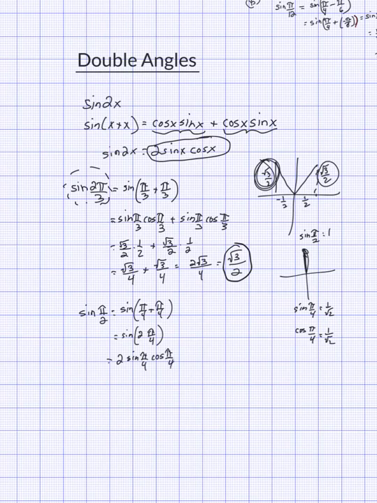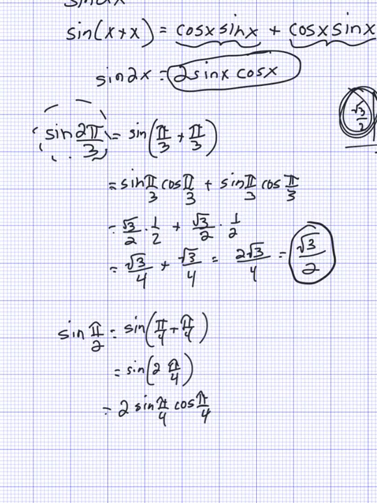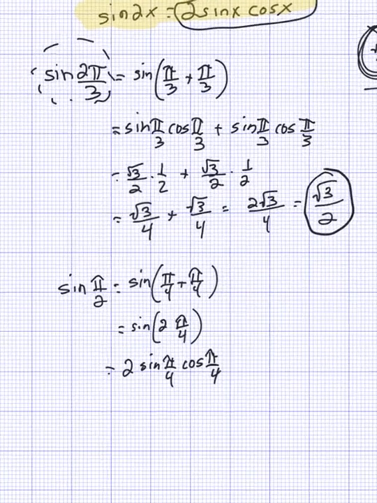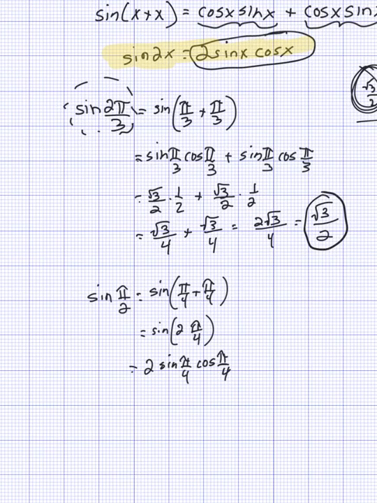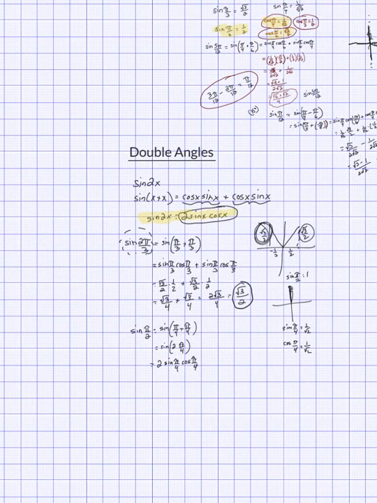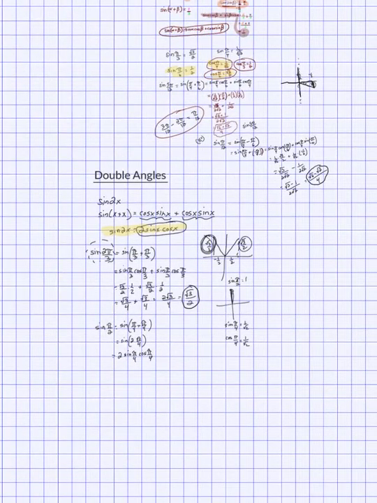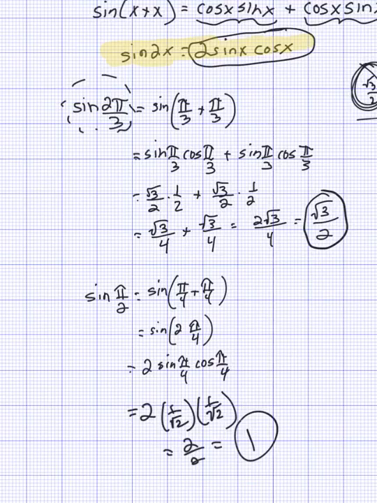We're using this new equation that we built from our compound angle formula, our double angle formula. That's just going to equal 2 times sine of pi by 4, which is 1 over root 2, times cos of pi by 4, which is 1 over root 2, which equals 2 over root 2 times root 2, which is 2 over 2, which is just equal to 1, which we already knew. That's just to confirm.